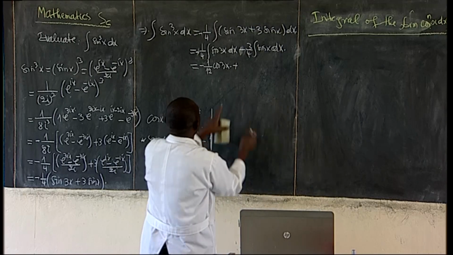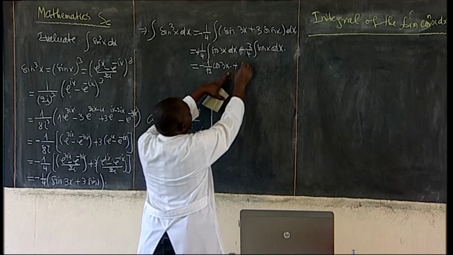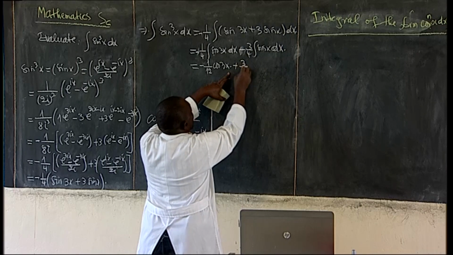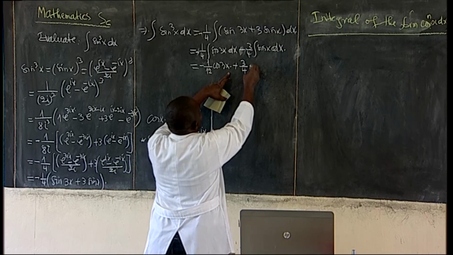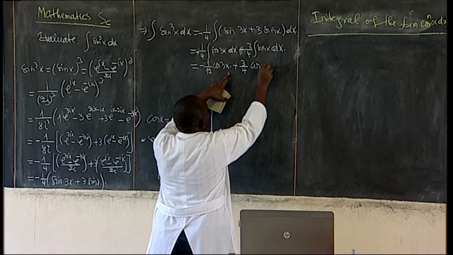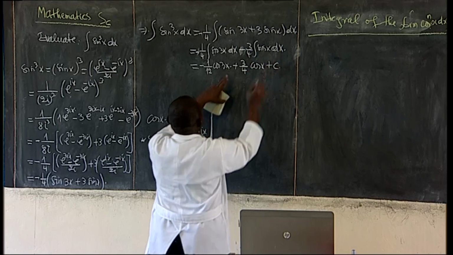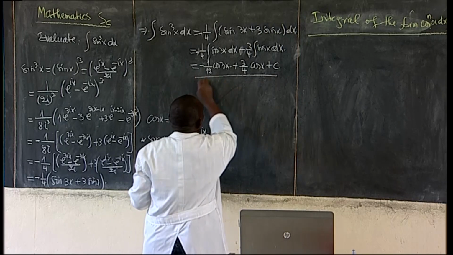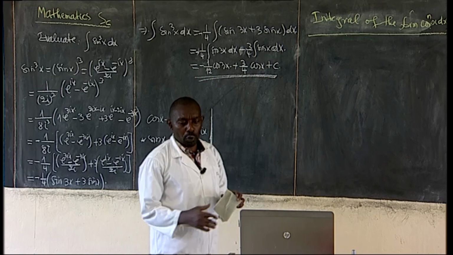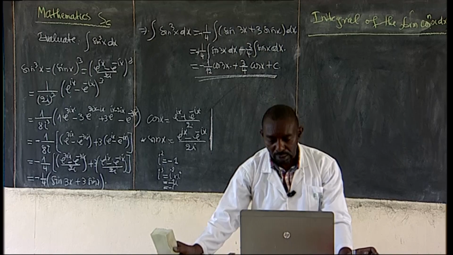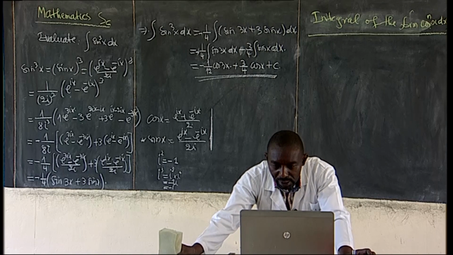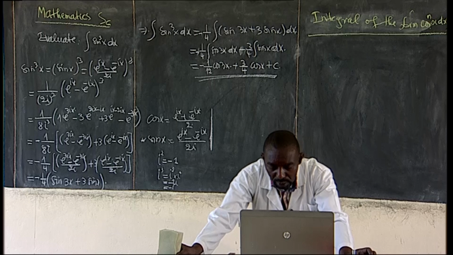All right. So this will be 3 divided by 4 cosine x plus c. Check if your answer is correct, if there is a mistake or not.